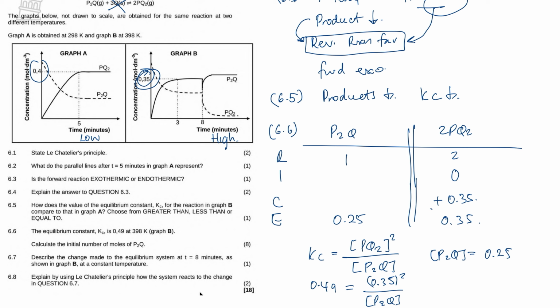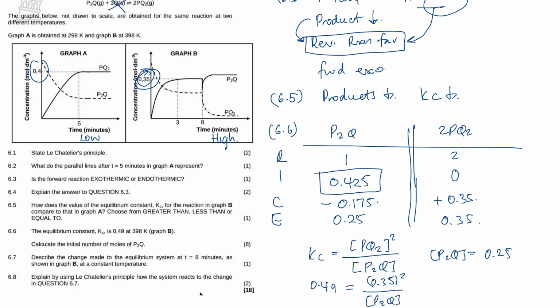So if this change was plus 0.35, this is going to be minus, since it is a reactant, and it's going to decrease in the ratio 1 to 2. So this is actually going to decrease by half of 0.35, which is 0.175. To figure out what the initial amount was, we're going to say 0.25 plus 0.175, which is 0.425. This is the initial concentration.